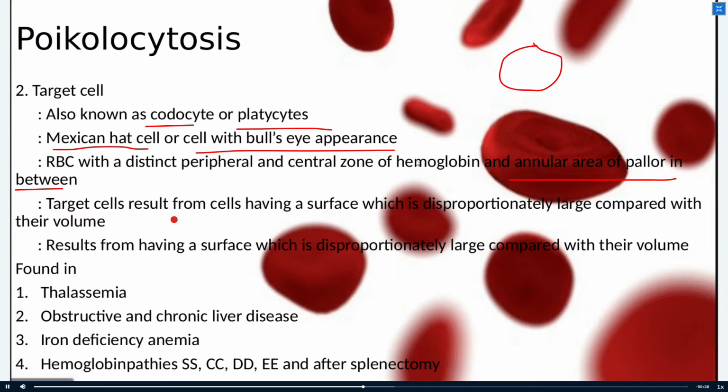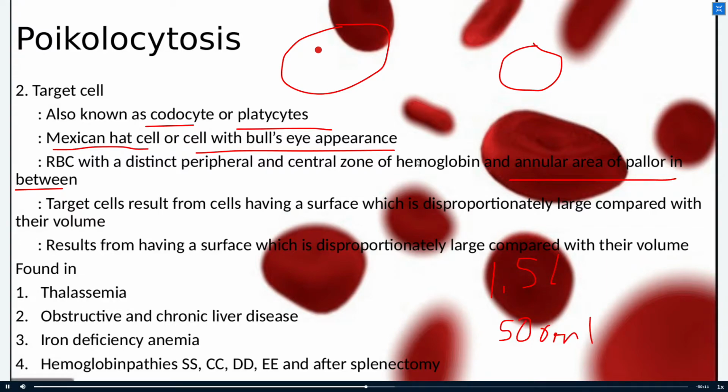Target cells result from cells having a surface which is disproportionately large compared with their volume. Mas malaki daw class yung size kesa sa laman. So in general terms class, imagine a 1.5 liter of Coke containing only 500 ml Coke.